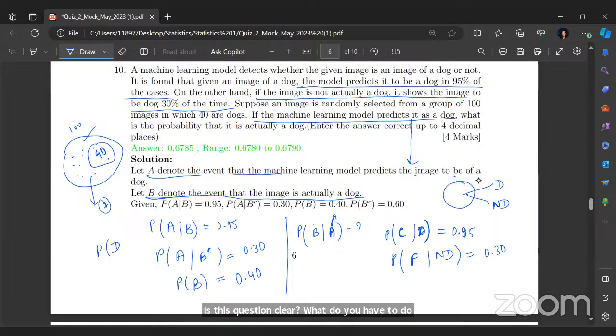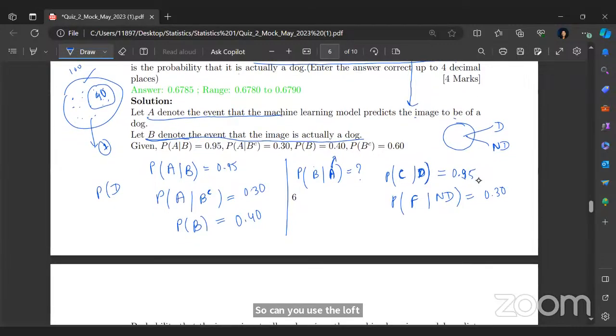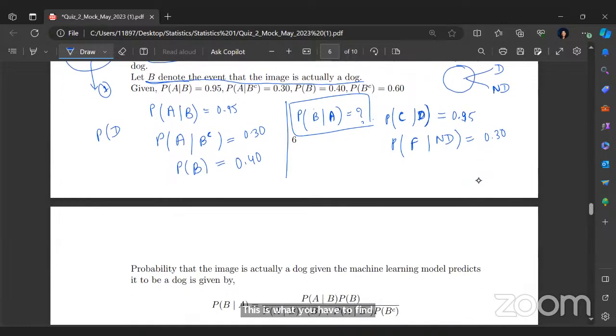Yeah. So can you use the law of total probability here? You understood that you have to find probability B given A. This is what you have to find. Now, how do you find probability B given A?